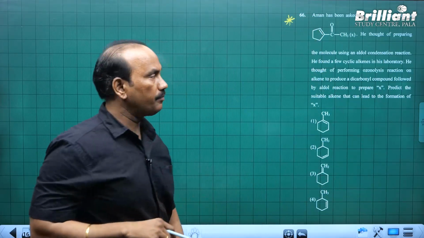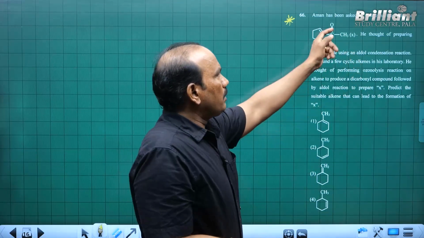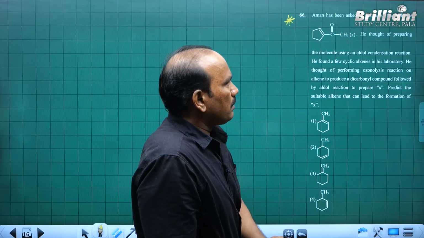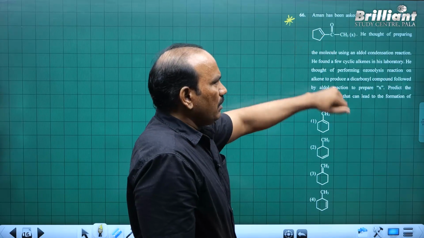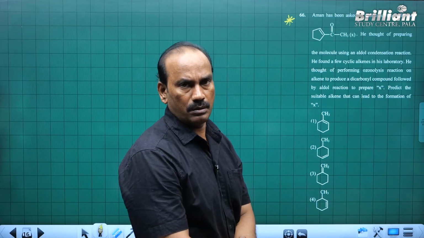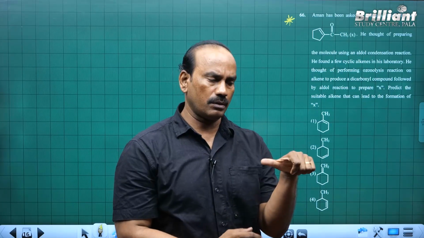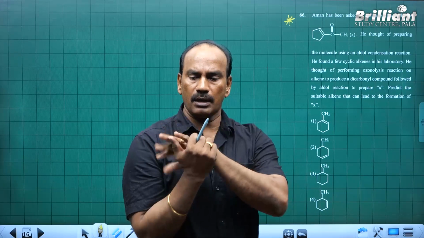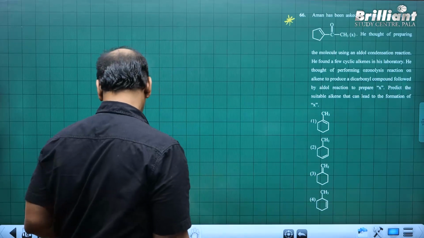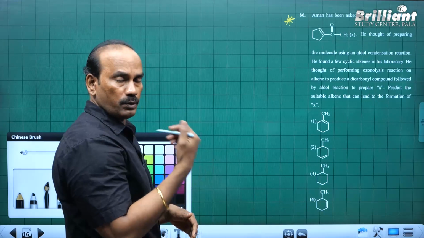Next one. Good one. Standard question. So here one compound is given. That compound has been asked, synthesis of a molecule is given, prepared by the Aldol condensation. We want retro-Aldol. Retro-Aldol means from the Aldol product, what are the reactants? This is the ozonolysis product, so I am going through the reverse process.